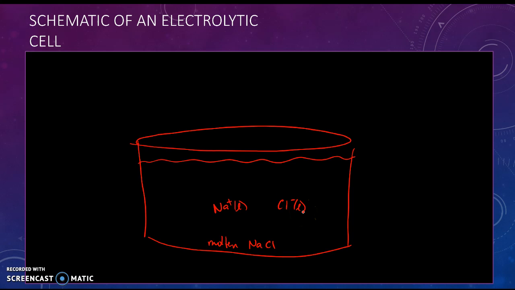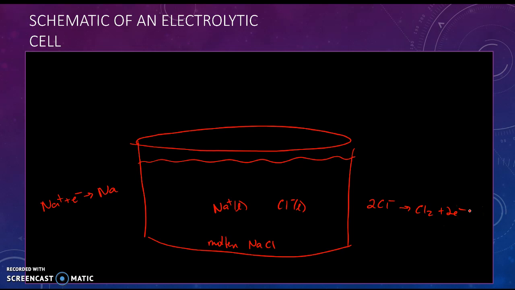I want the sodium to gain an electron and turn into sodium metal. And then I want the chlorine to lose electrons and turn into chlorine gas.